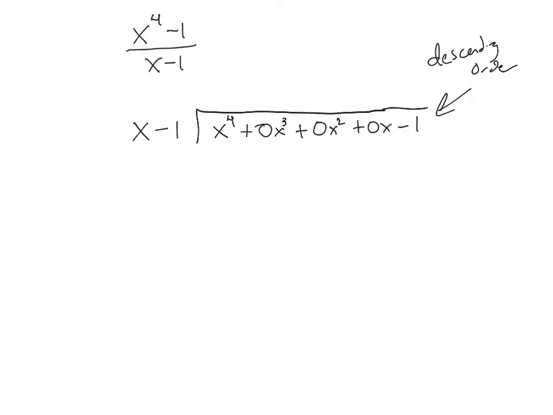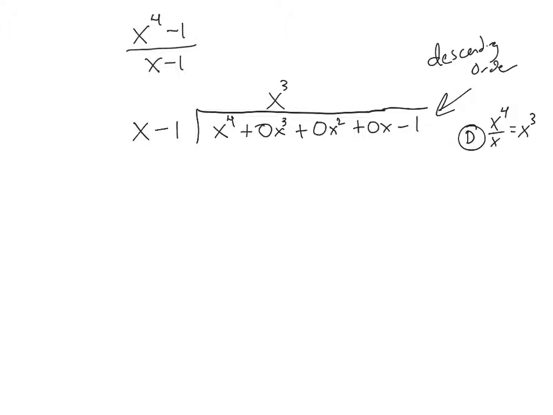All right, so here we go. Let's start this process off. Step 1, nothing changes. We divide. You take that first term, and we're going to divide those. So we got x to the 4th divided by x, which is x cubed. Bam, x cubed.